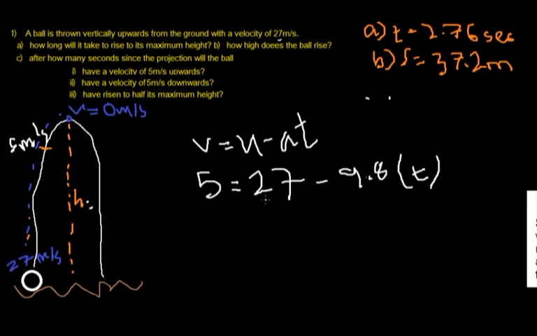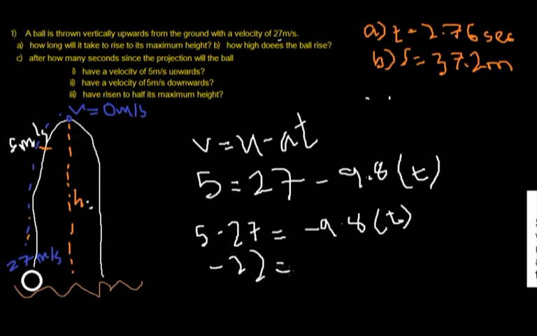Now we bring 27 to the left hand side. It will be 5 minus 27, which is equal to negative 9.8 multiplied by t. Now 5 minus 27 is negative 22, is equal to negative 9.8 multiplied by t.